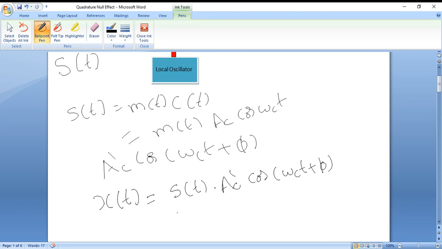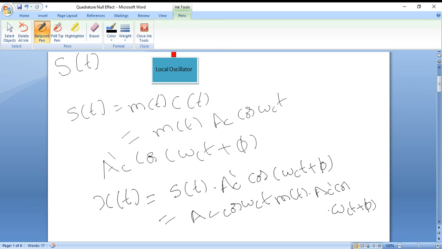Which means if I substitute the DSB-SC signal, this will be equal to Ac cos omega ct into m of t into Ac dash cos of omega ct plus phi.